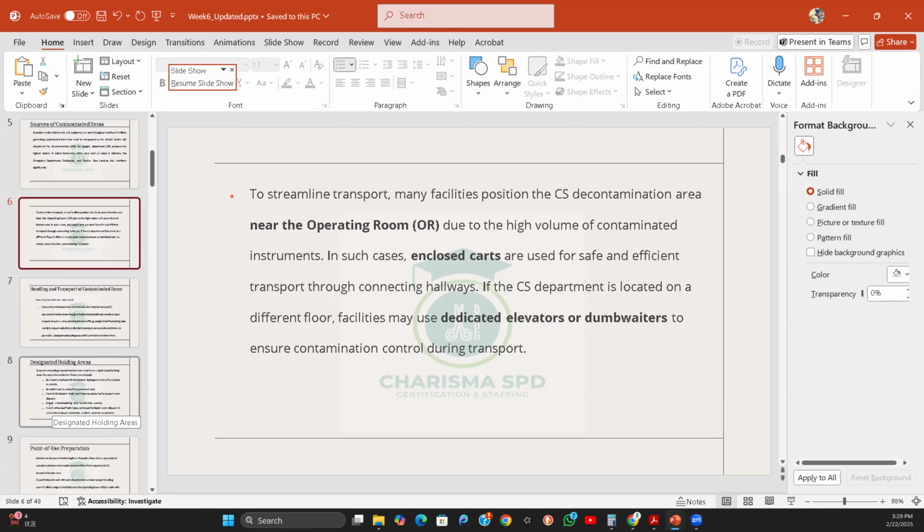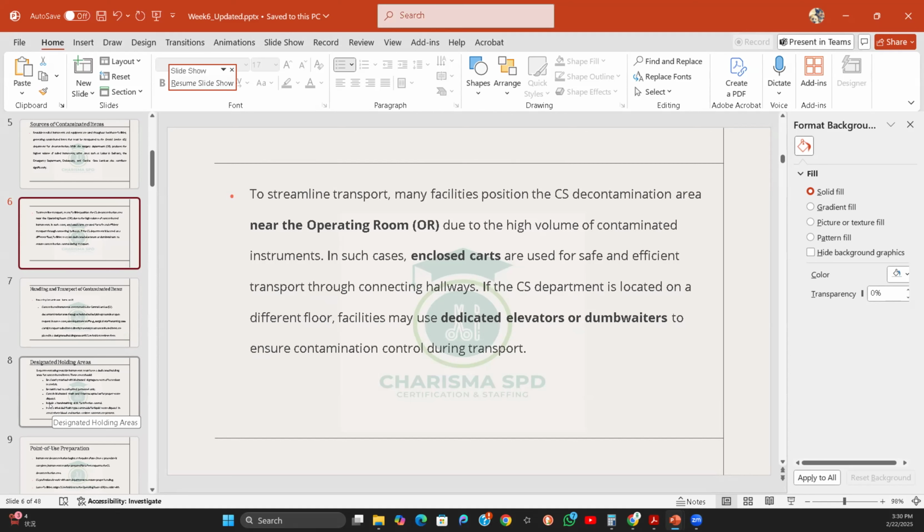All right. Now, in a hospital setting, most hospitals have the Central Sterile Processing Department located a short distance from the OR, so that it is more convenient to transport the contaminated instruments to the department.